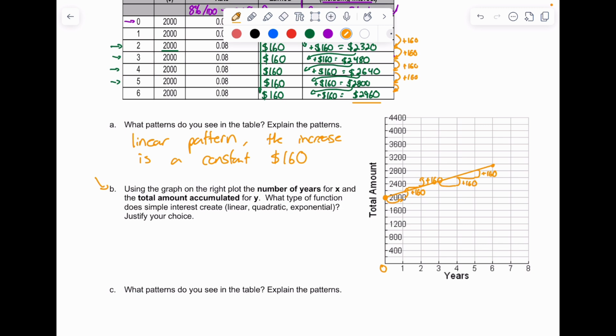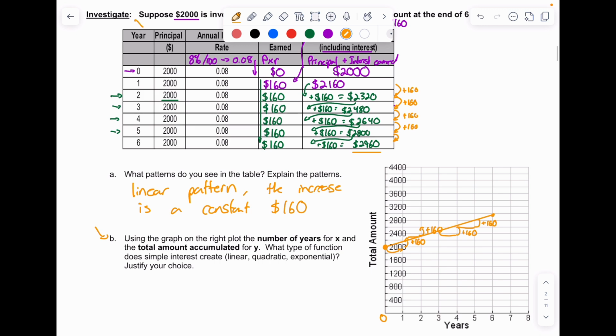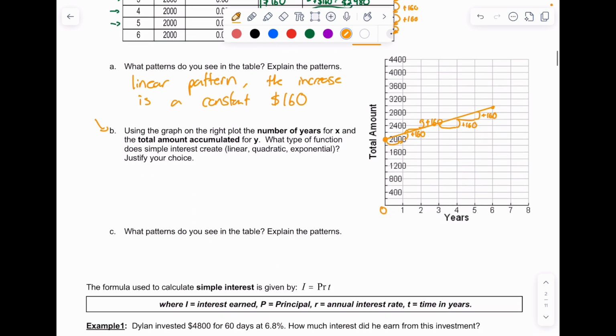A constant $160, okay? So using the graph, we plotted the number of years, so we plotted essentially X, and we plotted how much we made, which was Y in this column right here, right? We made a linear graph. We had a slope of this constant $160 right here.